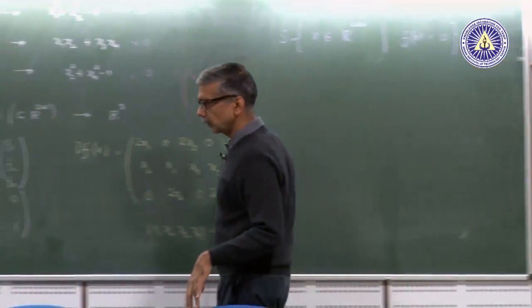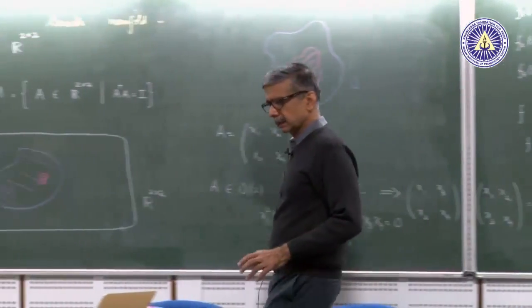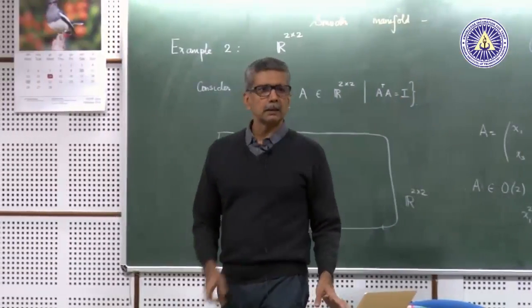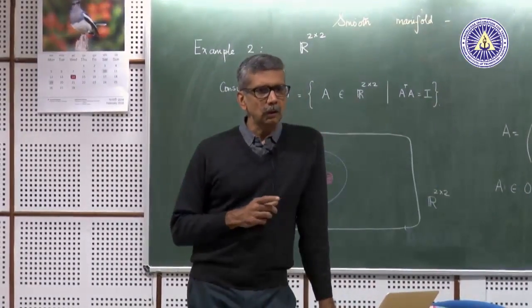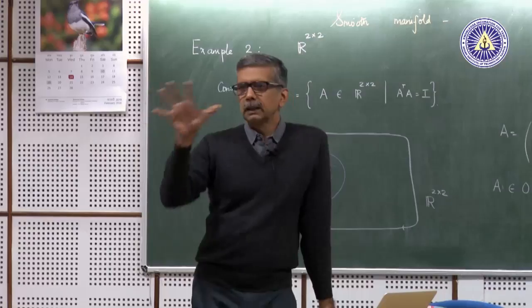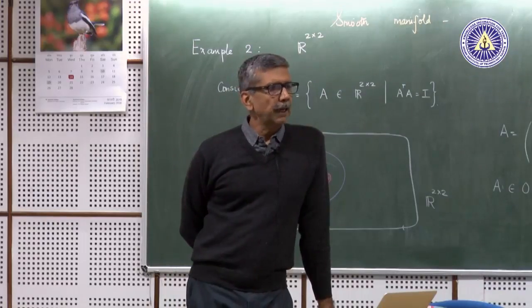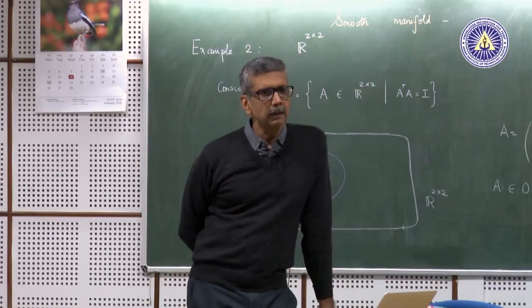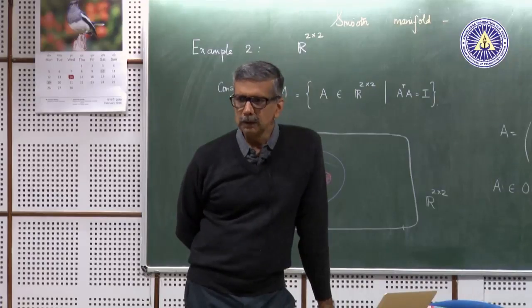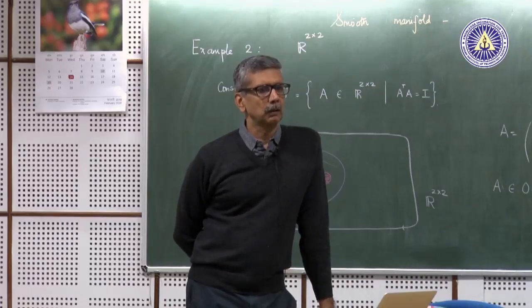So, we could conclude at the end of this exercise that the set of 2 by 2 orthogonal matrices sitting in the larger space of 2 by 2 matrices forms a smooth manifold.